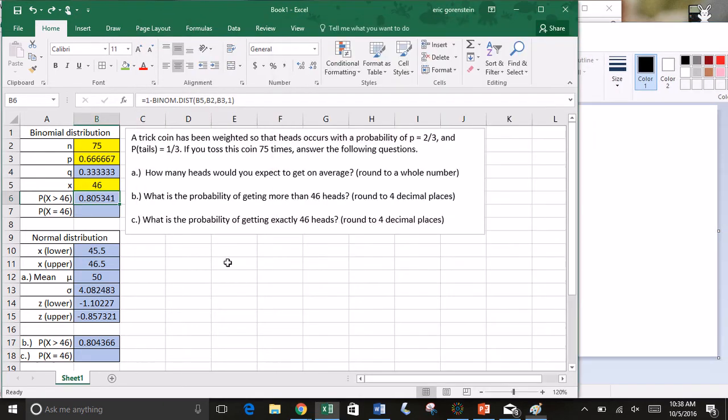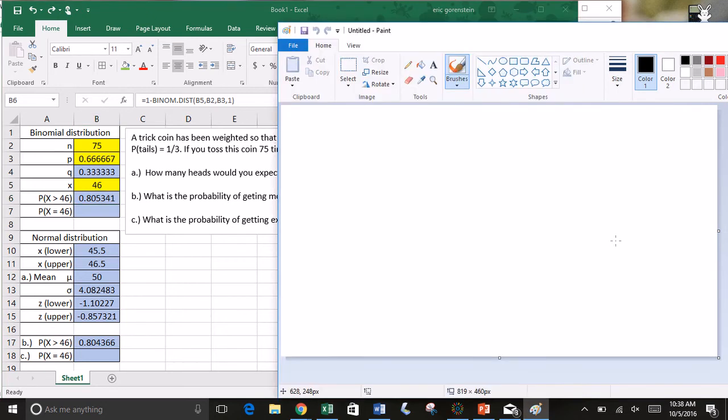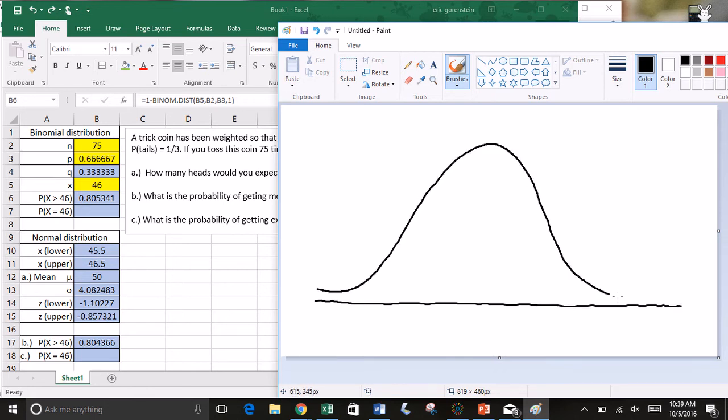So for part C, what's the probability of getting exactly 46 heads? So on the normal distribution, if we're using this as an approximation, again, here's the mean of 50. So to approximate the value of x is exactly equal to 46, we want to calculate this area for 46.